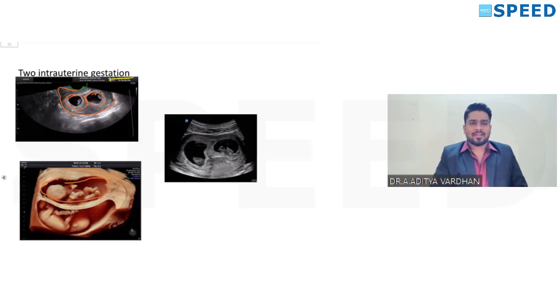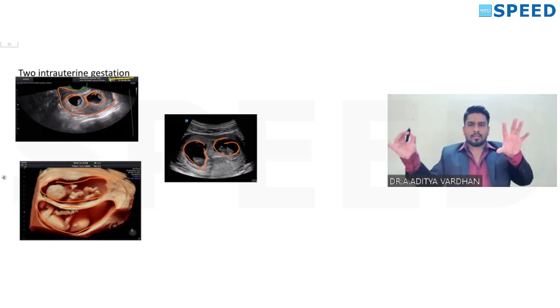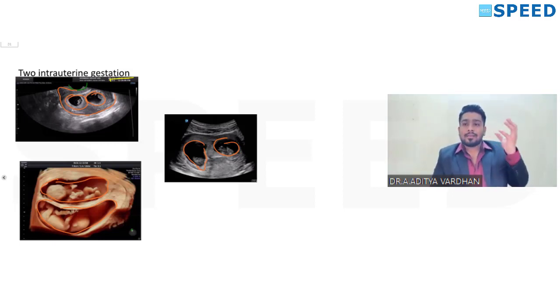It's a reconstruction image showing both fetuses inside the uterine cavity. In the same image, if you see one gestational sac inside and one outside, that is heterotopic pregnancy or combined pregnancy. At the early stage of 5 to 6 weeks, very small, inside the gestational sac you will be able to see the double bleb sign.